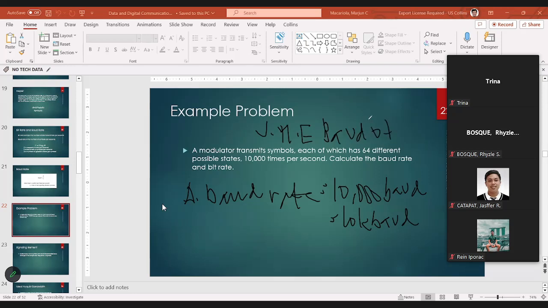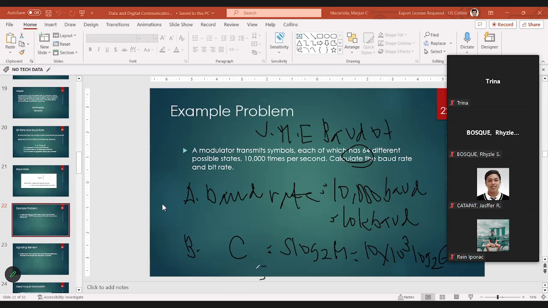Then the bit rate. To find the bit rate, you're going to find the information capacity. Capacity is equal to S log 2 M. S we already computed, which is the baud rate: 10 kilobaud, or 10 times 10 raised to 3, times log 2 of M, the possible states, which is 64.